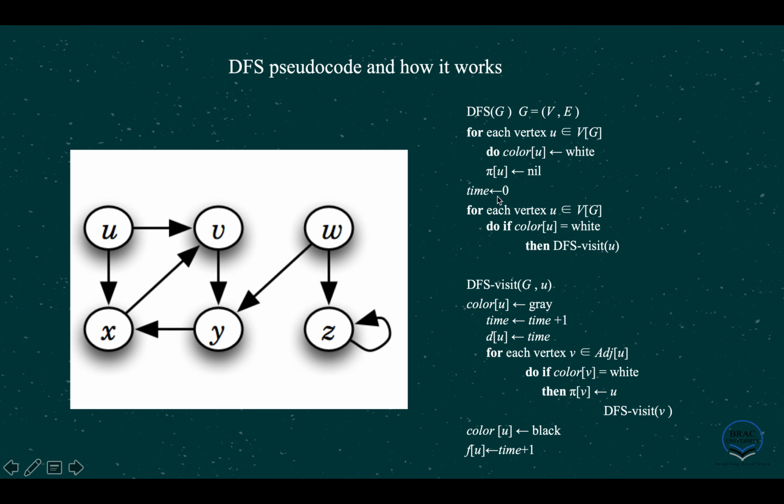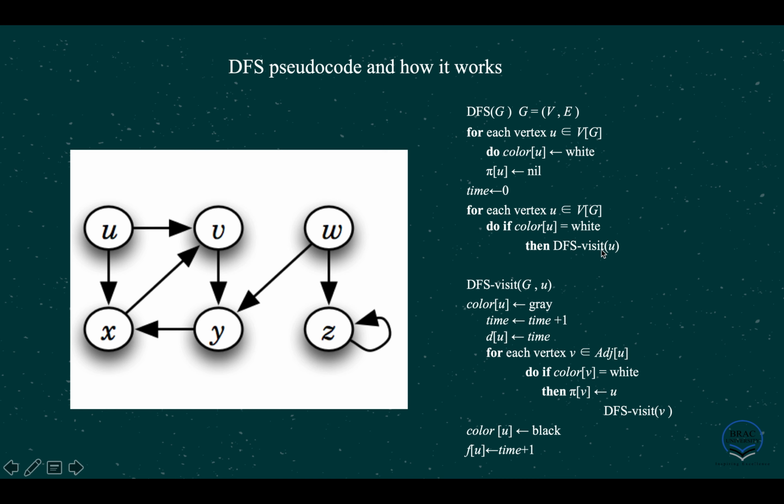With time, we would like to record when our vertices got discovered. So let's start with our algorithm. To start, we call another for loop outside this for loop, not in this for loop. This for loop says for each vertex U belongs to G, if color is white, then DFS visit U. So that means if we have a vertex which is colored white, then we start the DFS visit function.